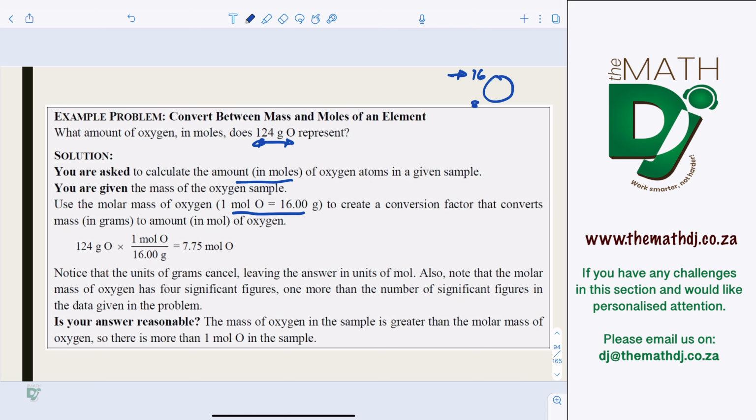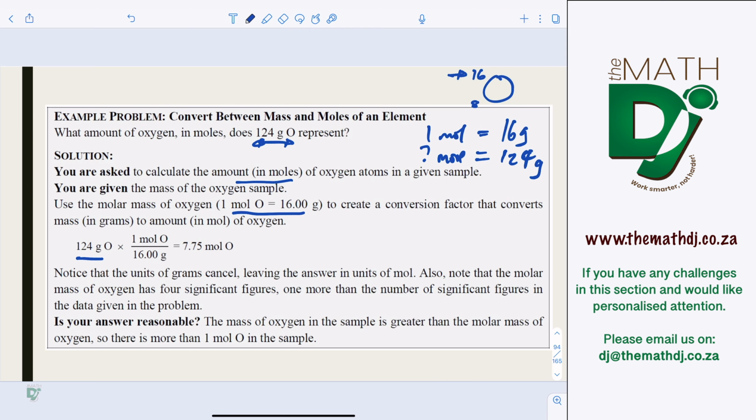If we are saying 1 mole has got 16 grams. So 124, why am I always saying 128? We know that there will be more. So that's how we reach here.